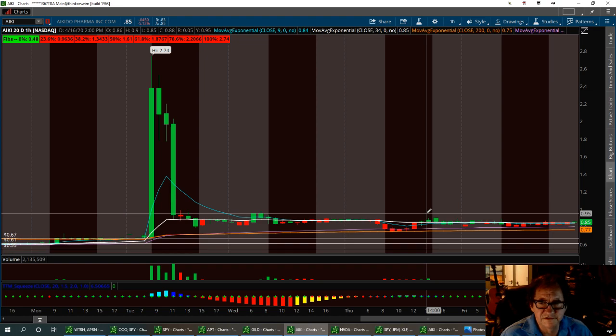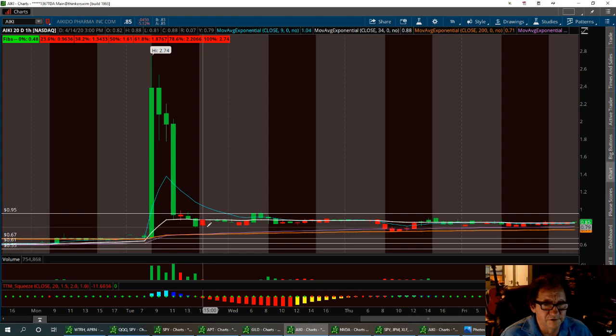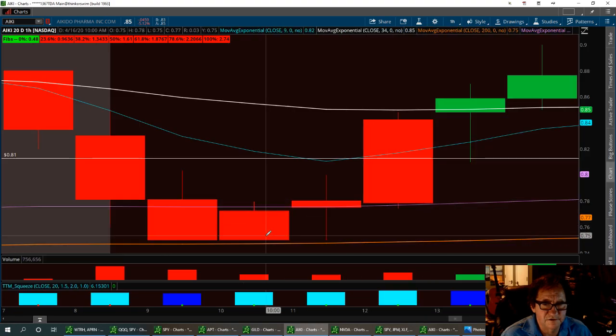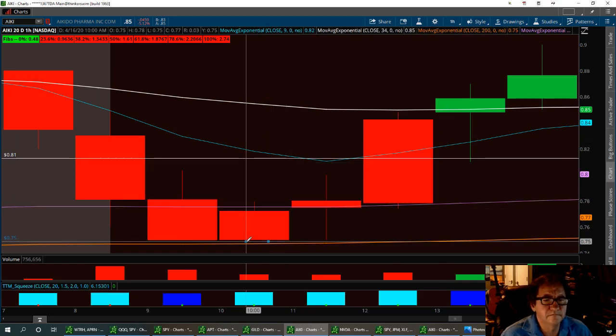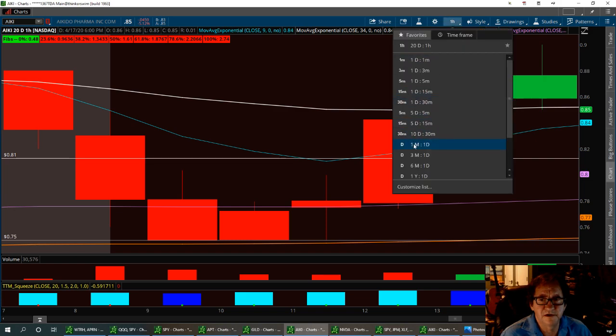Got a little resistance level at 95. And we have a place of consolidation. I'm looking right in here at 81. Then another little support level right here on these two candles, right about there. So let's go ahead and pull this back up.